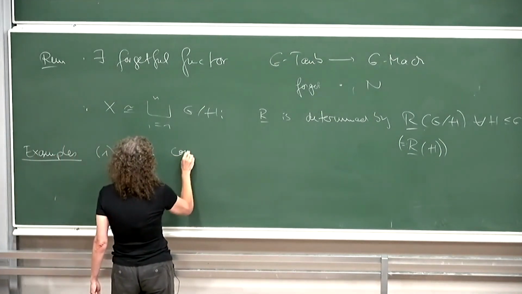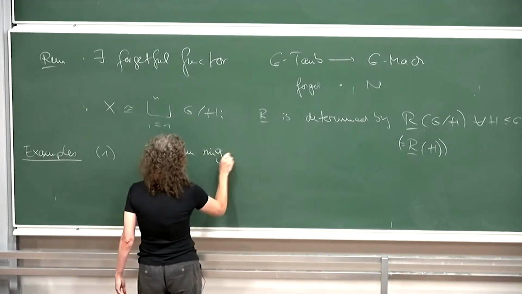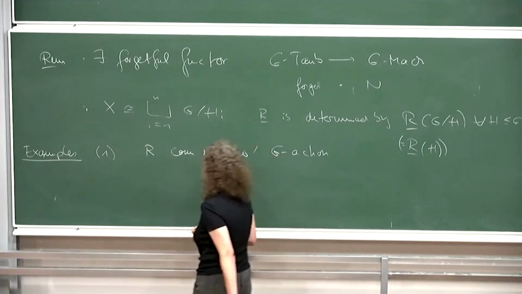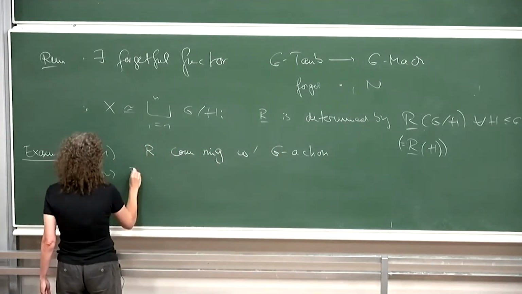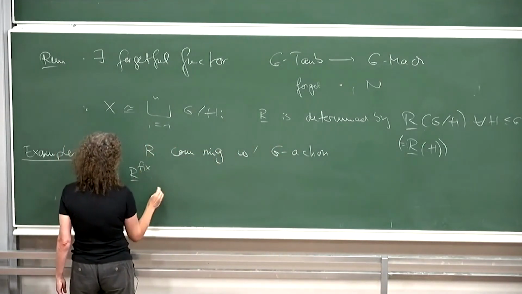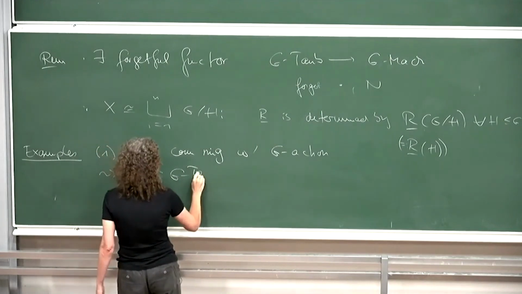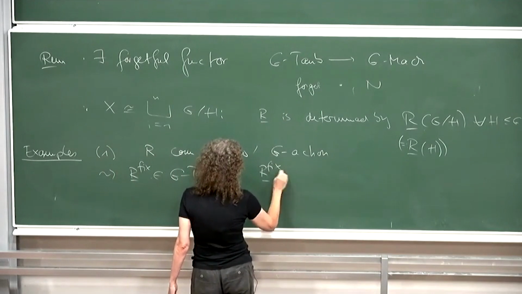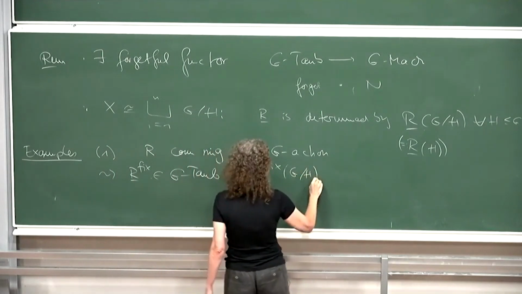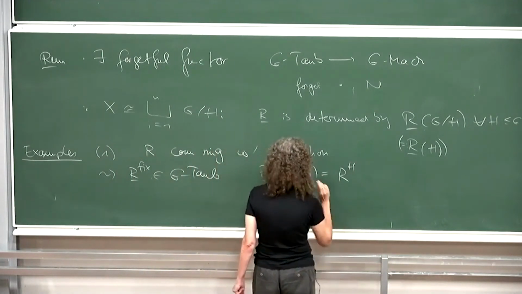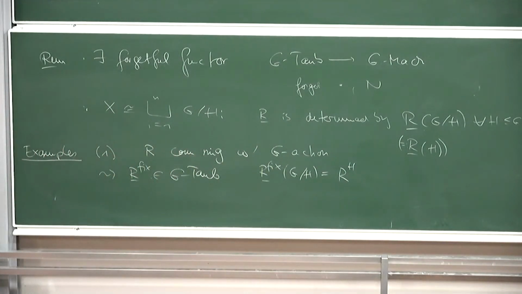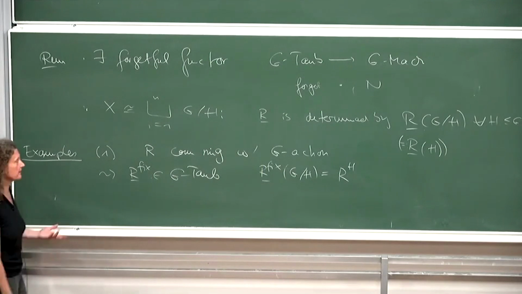So our commutative ring R with G action, then you can define the fixed Tambara functor where the value on a standard orbit is just the fixed point of R under the H action. So that's a particular case.